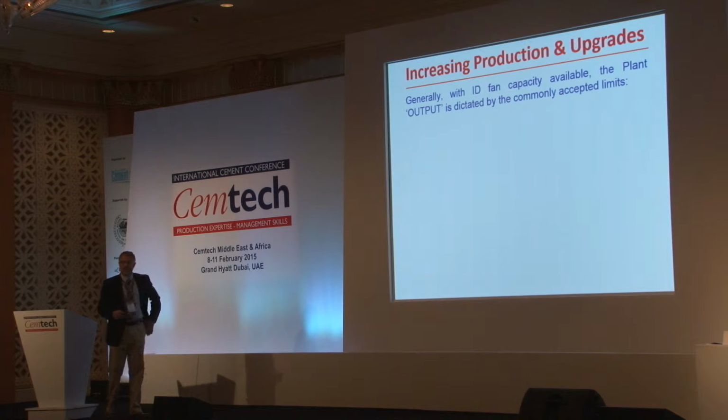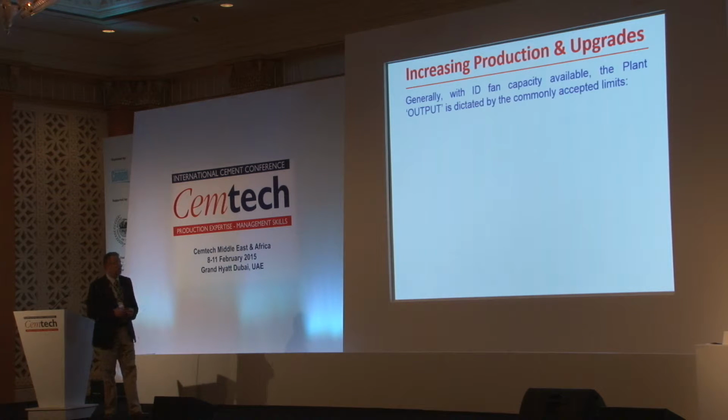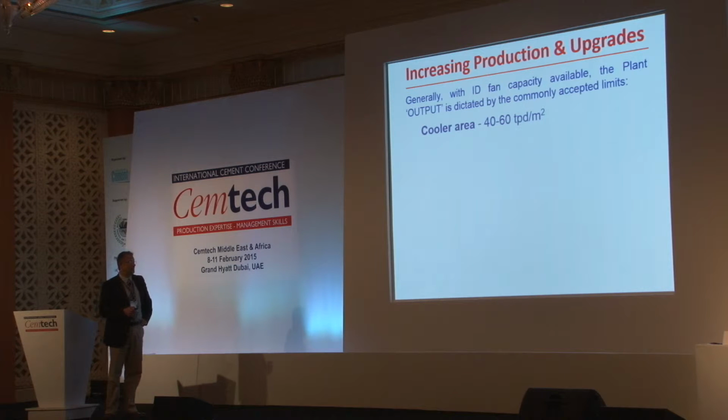When it comes to upgrades, and that was the question asked earlier on, with the ID fan capacity, these are the general criteria to look at the maximum capacity which can be obtained from the plant. Cooler area, 40 to 60 on the upper side, tons per day per meter square. Burner zone thermal load, 6 megawatt per meter square.